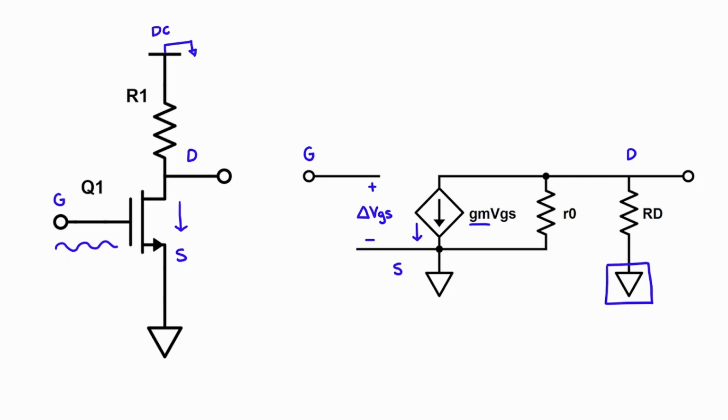Our gm term attached to VGS is known as the transconductance and is a measure of how effectively the device converts a small change in VGS into a change in drain current. Finally, our ro term is a small signal output resistance from drain to source, capturing channel length modulation effects and representing how the MOSFET's drain current varies slightly with VDS in saturation.